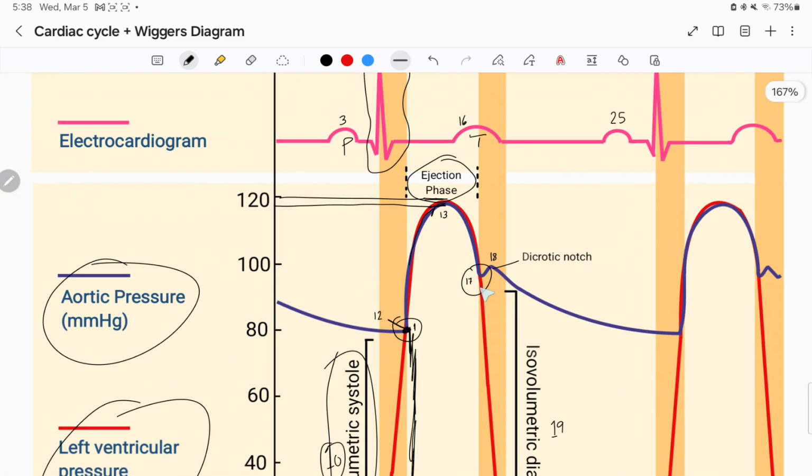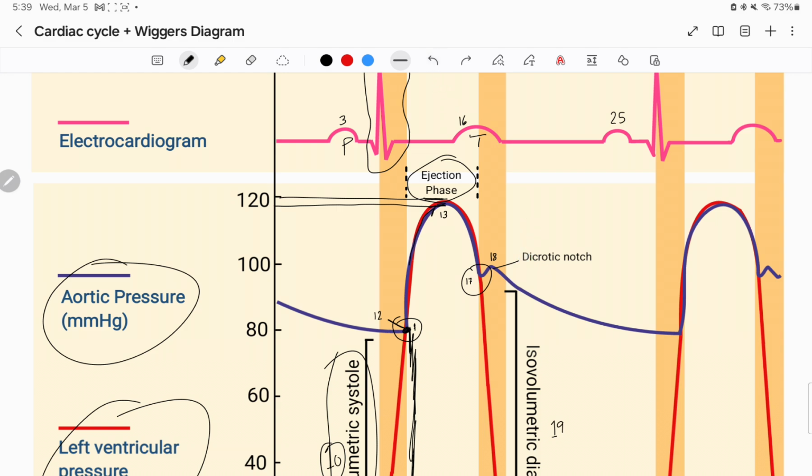Right here, actually, number 17. At this stage, you're seeing two things. You're seeing that the T wave has already started midway through the ejection phase. So the repolarization wave has started in the ventricles halfway through ejection, and continues all the way throughout the isovolumetric diastole phase.